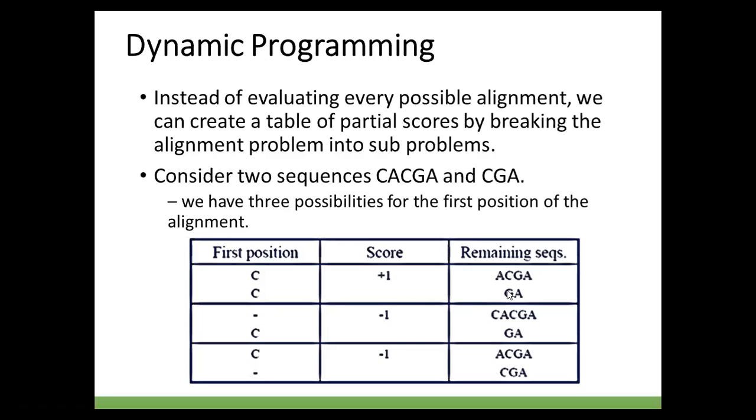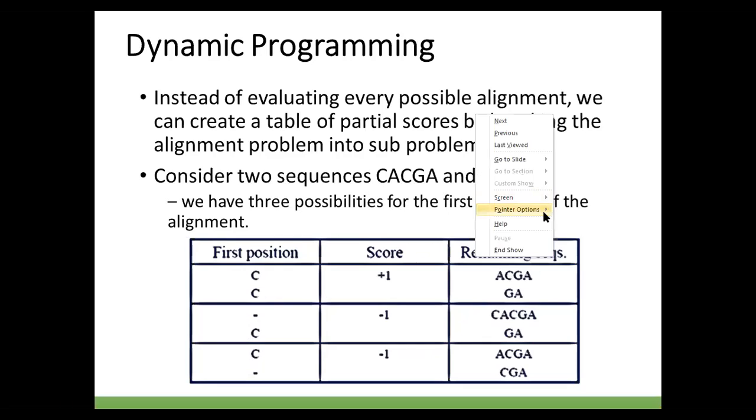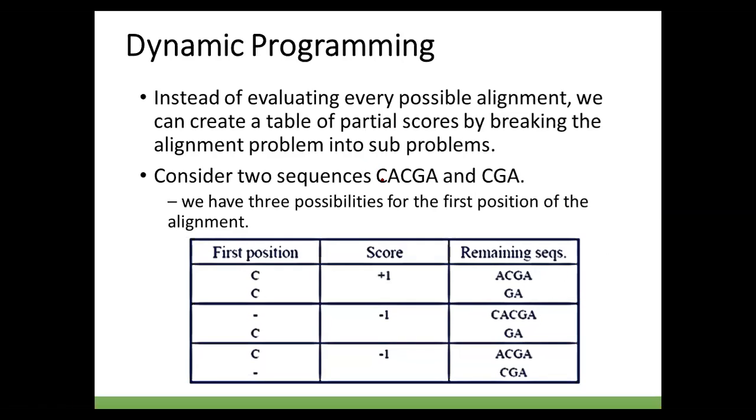In the first position, you can align C with C. So the score is +1 and the remaining sequences are these.